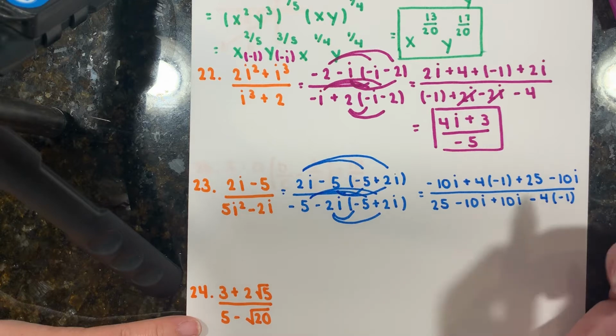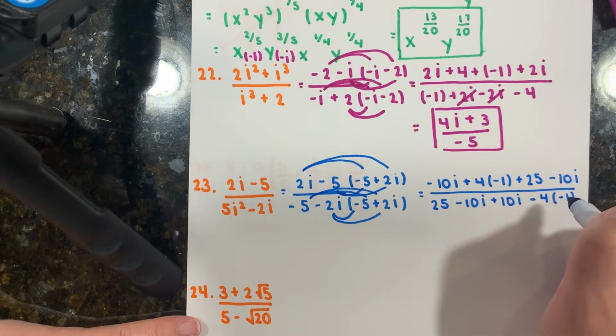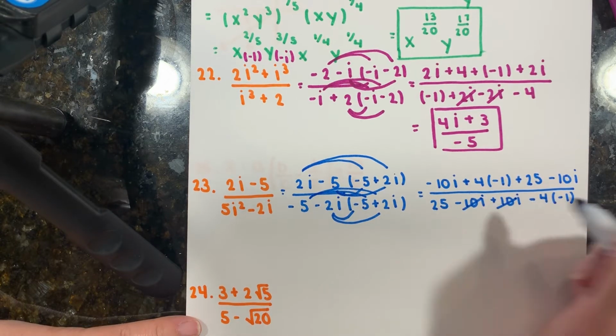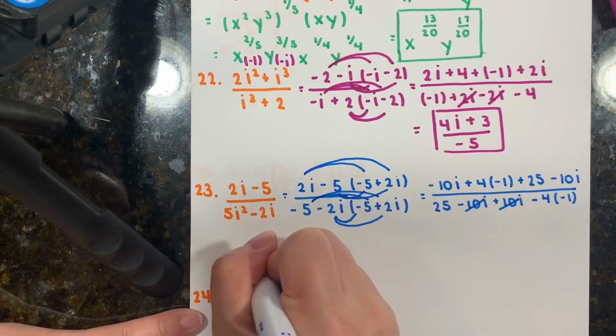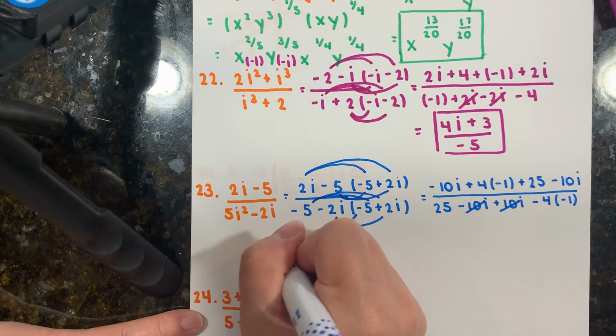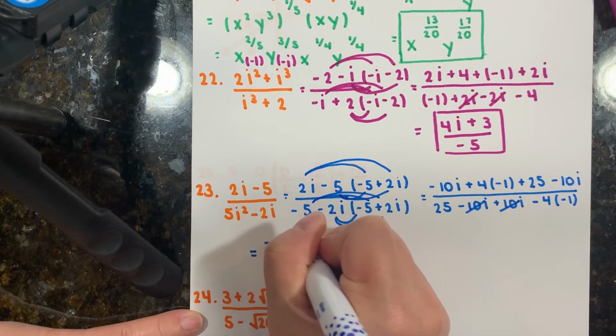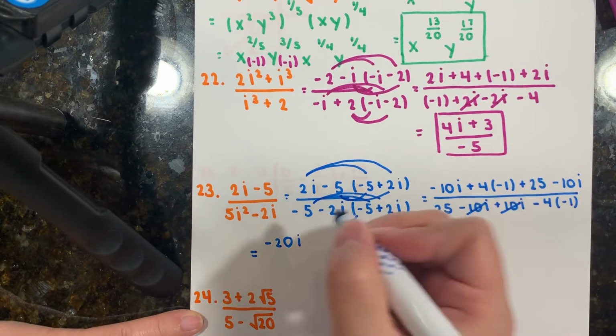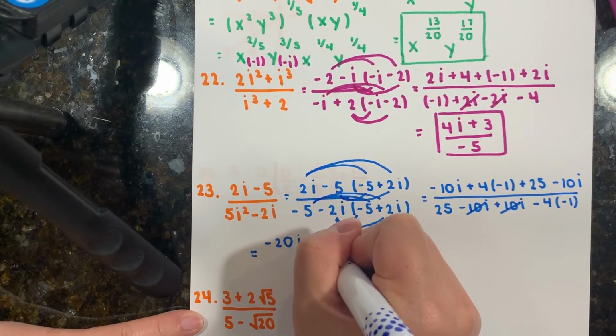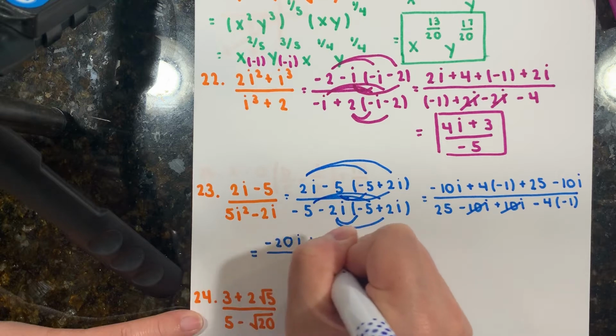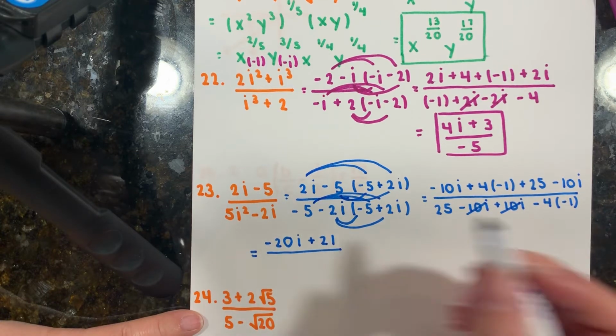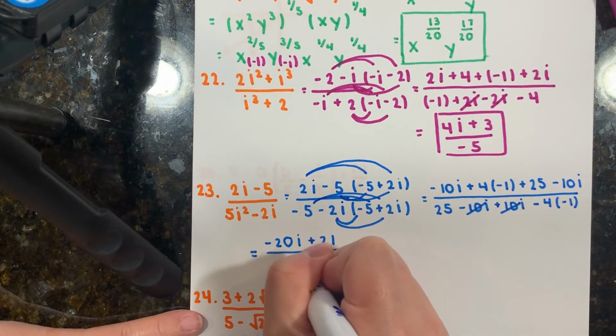And then what I'm going to get is the 10's going to cancel. In the numerator, I would end up with negative 20i, and then 25 minus 4 would be plus 21, over 25 plus 5 would be over 30.